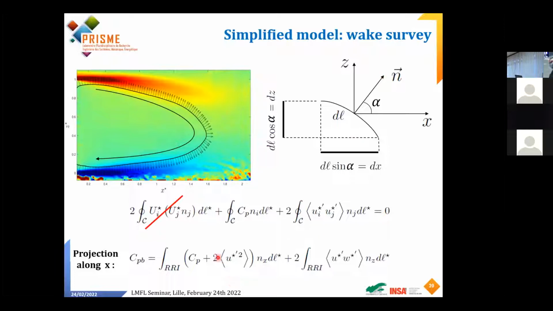So doing this, I will get this equation where the base pressure, what I call CPB, the pressure that my body is experiencing at the base, is equal to these two integrals, where I will decompose the first term into a normal term: a pressure plus the corrections coming from the normal Reynolds stress along the streamwise direction. And the second term here is the Reynolds shear stress, which is connected to the n_z times dl direction.